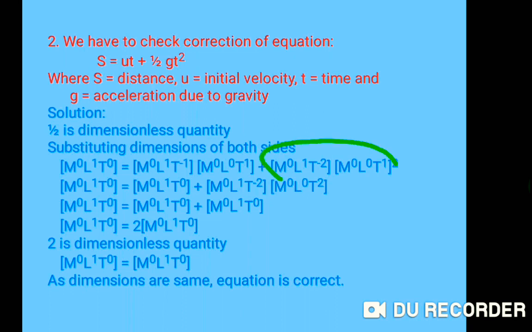In the second term, M raised to power 0, L raised to power 1, T raised to power minus 2. And see, this dimension has a whole square, so we just square the dimensions: M raised to power 0, L raised to power 0, and T raised to power 1 whole raised to power 2, so T raised to power 2.